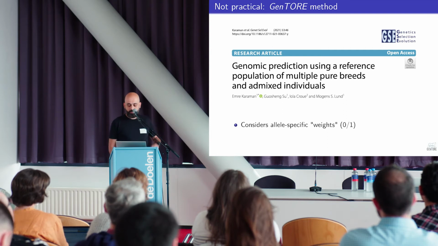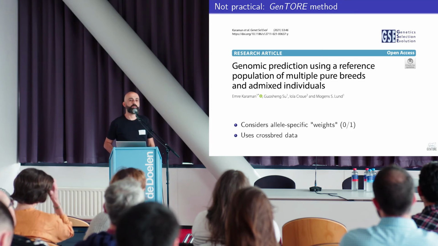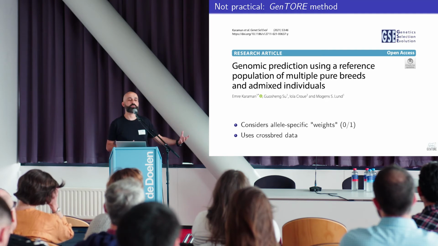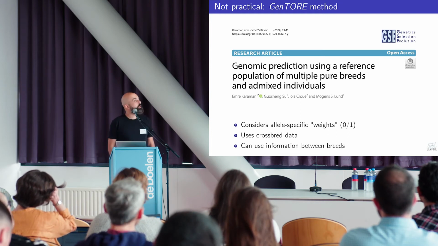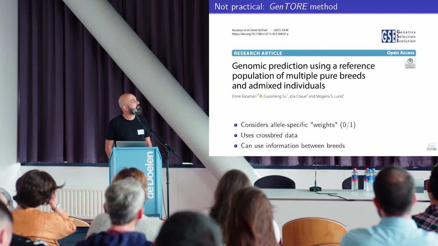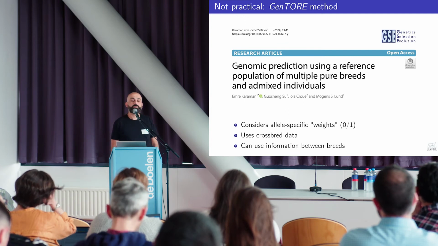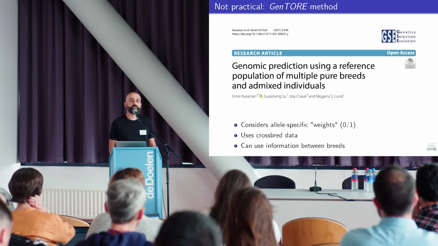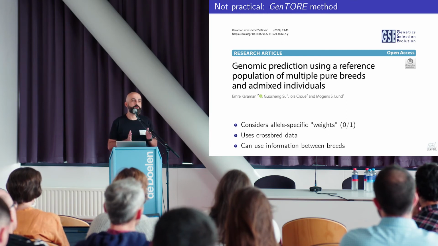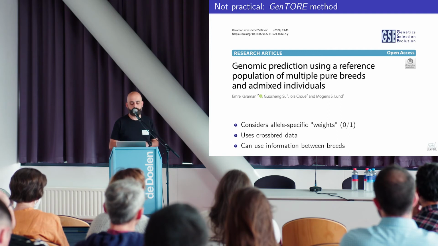This way, like Jon did, we consider allele-specific weights, but in addition we could use crossbred data in genomic predictions, which could help not only to increase the accuracies in crossbred animals, but also the accuracies in different pure breeds. And we also extended it so that it can use information between the breeds, so that we could use correlations between SNP effects in different breeds, not only at the genome scale, but also at local segments of the genome.